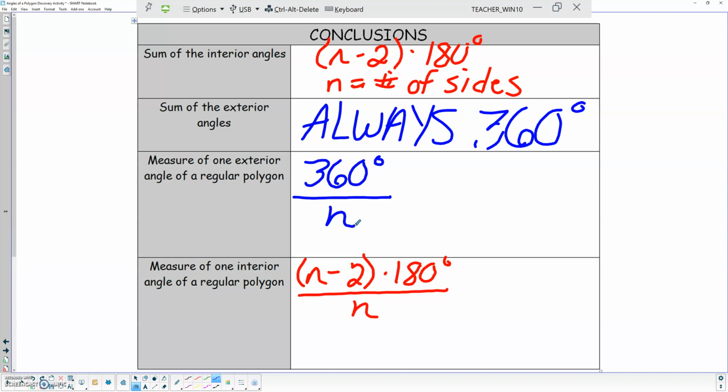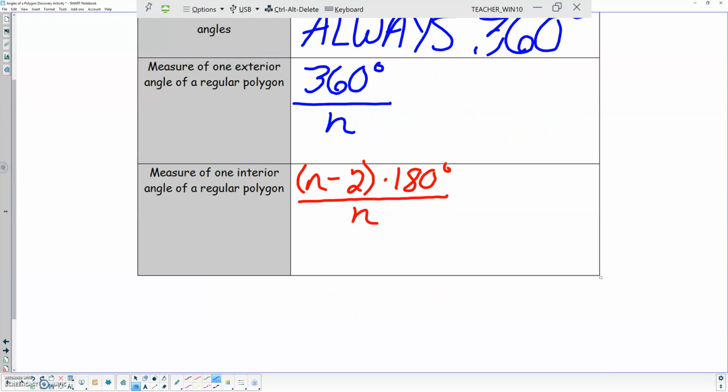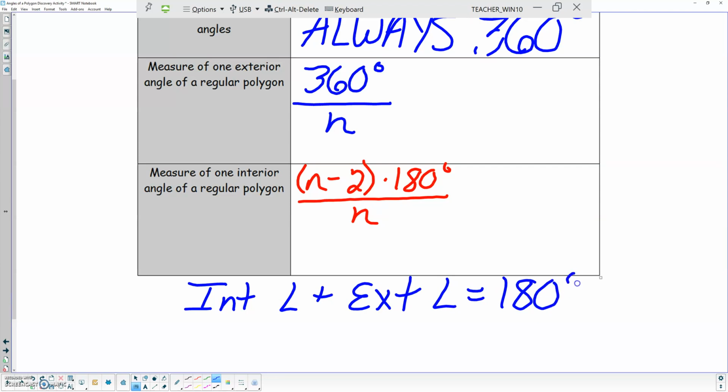Okay, and then remember that the interior angle and the exterior angle are a linear pair. So keep in mind that they're always going to add up to 180 degrees. So if you know the interior angle, you can easily find the exterior. If you know the exterior angle, you can easily find the interior.